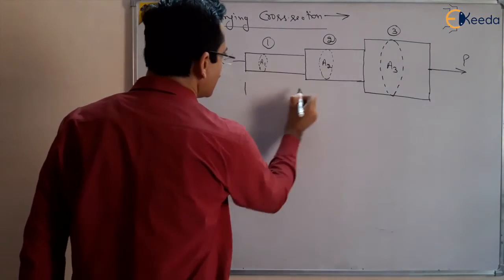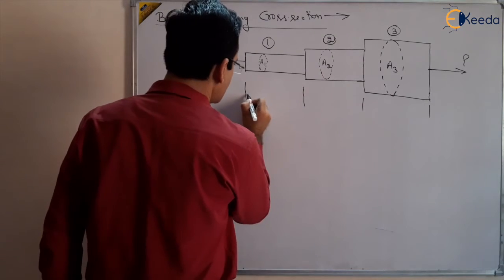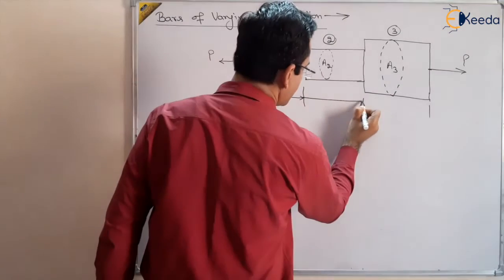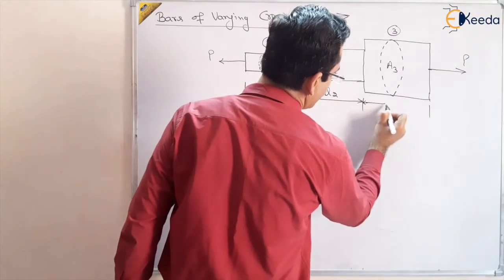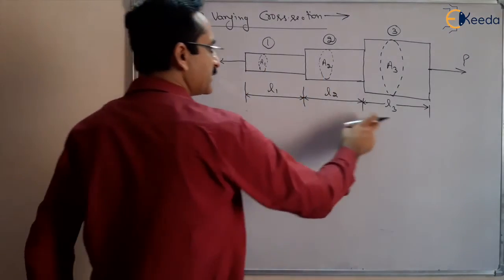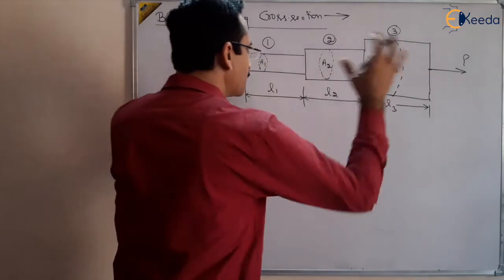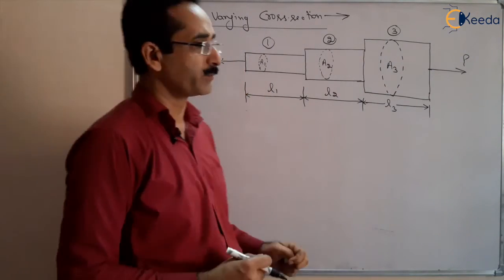And suppose the lengths given are L1, L2 and L3. So three lengths are there, three cross-section areas are there, and this is a single bar. Another thing, we are assuming that the material of the bar is the same.